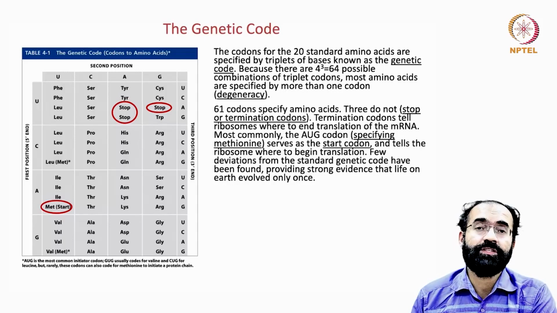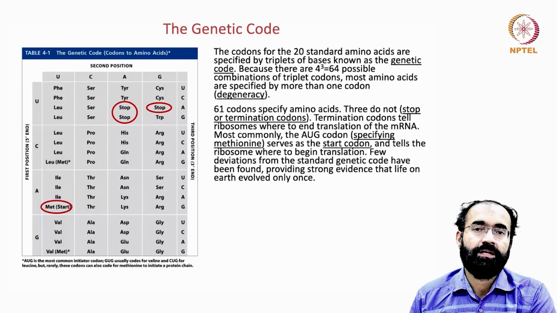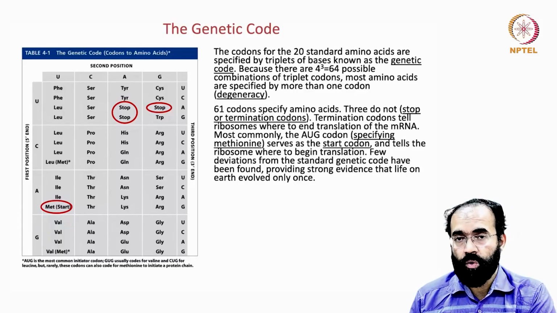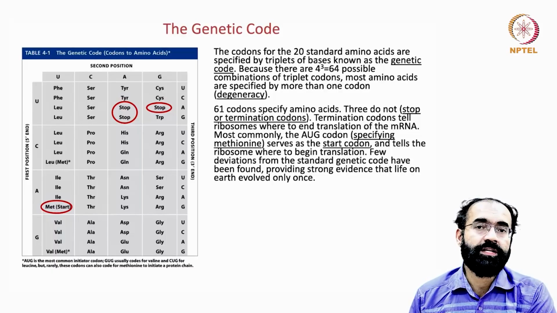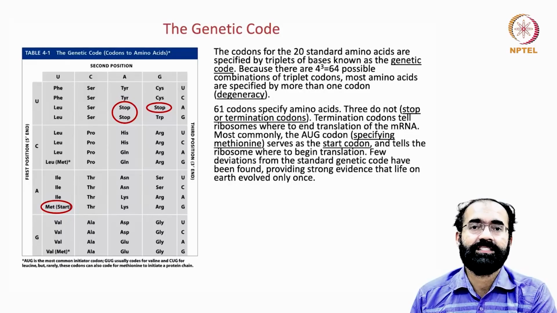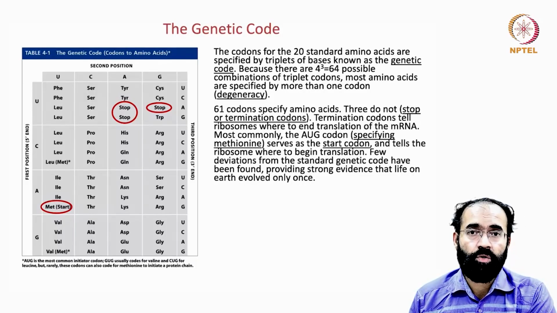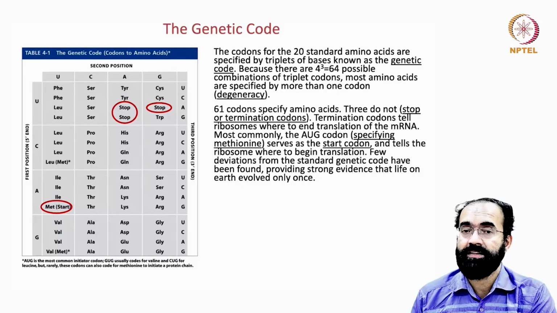So this is one of the strongest supports to believe that life originated only once, because if it originated multiple times, it is impossible to have the same codon present in all the attempts, because there is no rule that this amino acid has to be brought in with this codon. At least you should have had a variation in the codon, and you don't see even that.